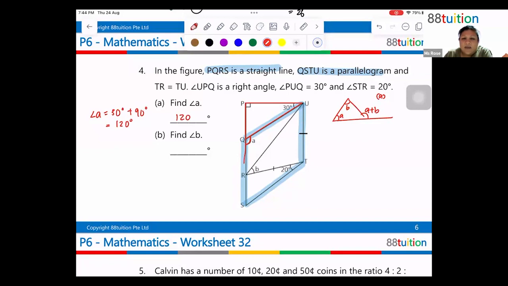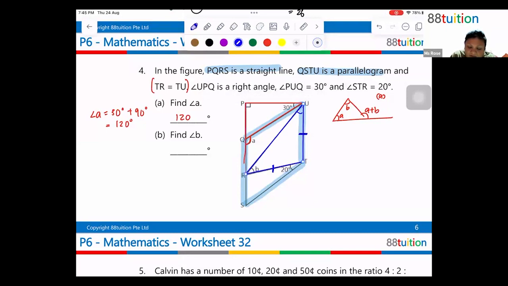Okay, so in this case, for part B, they asked for angle B. Now you know that TR is equal to TU, so you have an isosceles triangle.